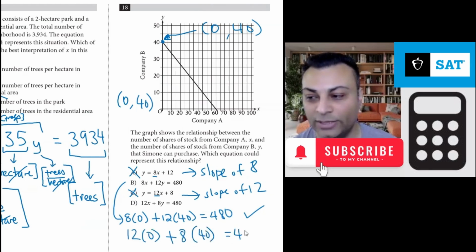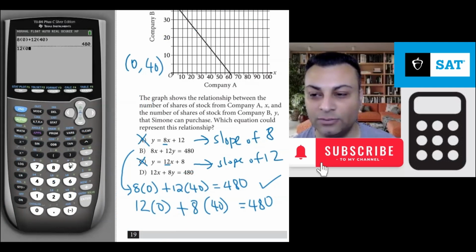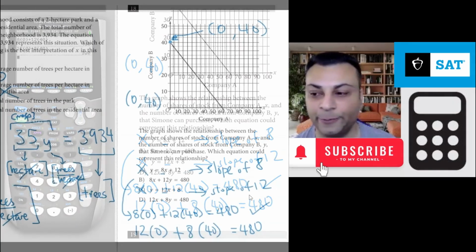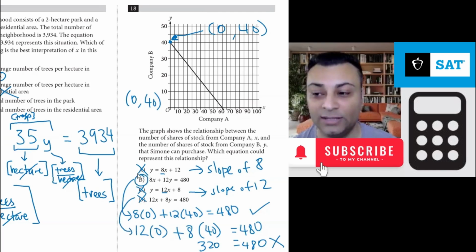Let's check if that's 480. And let's get the calculator again. 12 times 0 plus 8 times 40. That's 320. So you wind up with 320 equals 480, which is false. So D is not it. This was option D. So the answer is B.